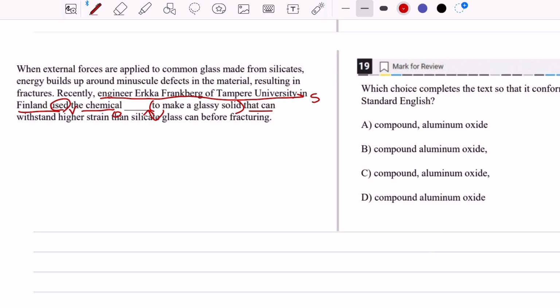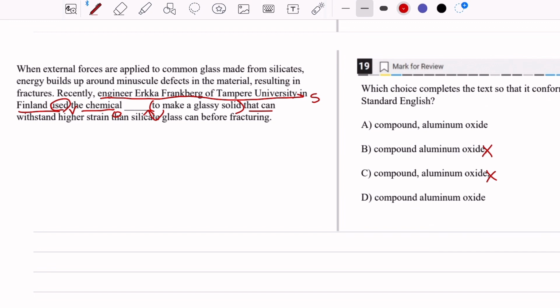So chemical compound. Okay, since to make a glassy solid is the modifier for the blank, it doesn't need the comma over here.